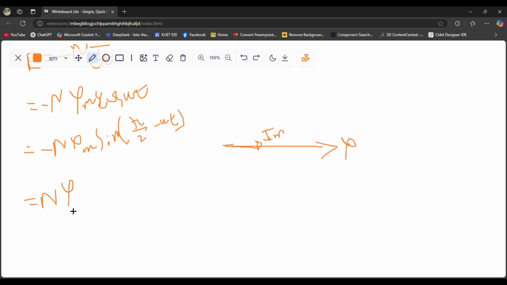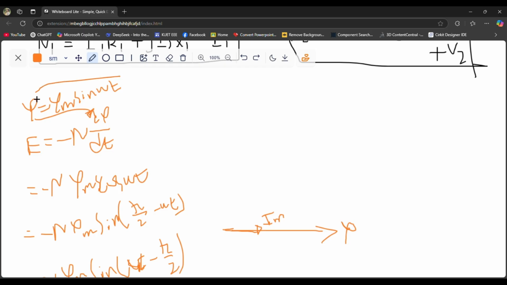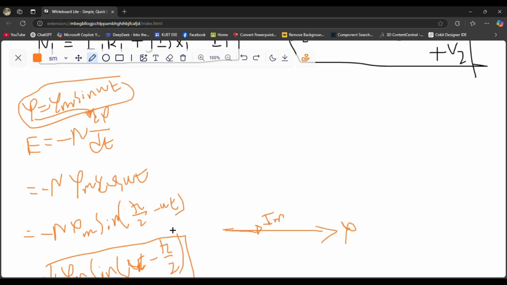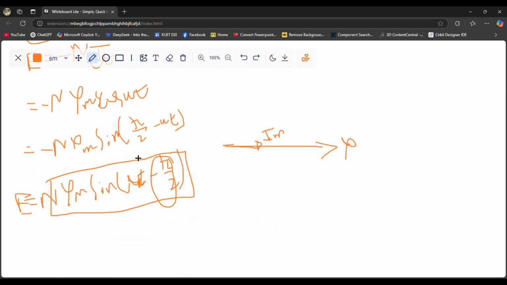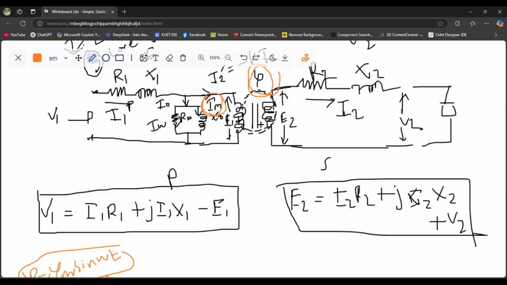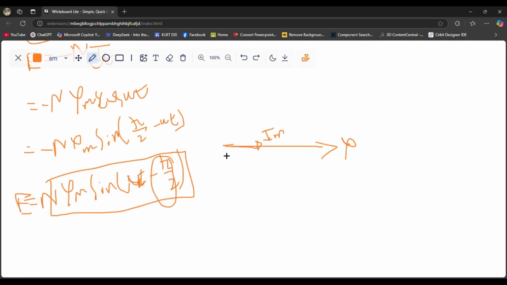Then we have N phi m sine omega t minus pi by 2. So in these two equations, between this one and this one, we can say that this induced voltage E lags this phi by 90 degrees. Okay, so we have to draw any of these induced voltages with the relation of lagging by 90 degrees with this phi, with this flux.